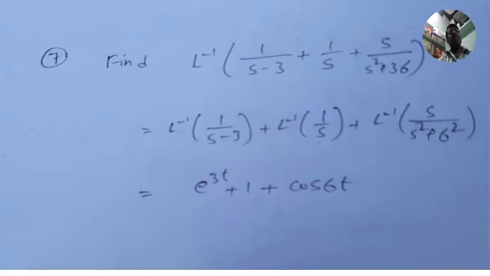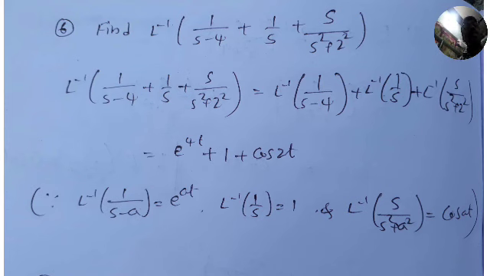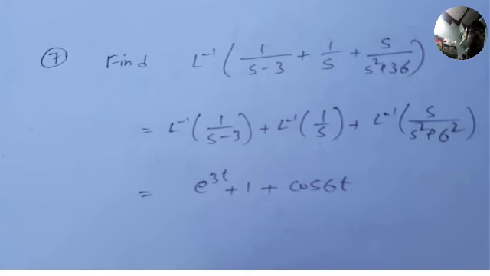Next problem. Find L inverse of 1 by s minus 3 plus 1 by s plus s by s square plus 36. Very similar to the sixth question. Both are the same kind of problem, so I will give 2 minutes. Please do this.